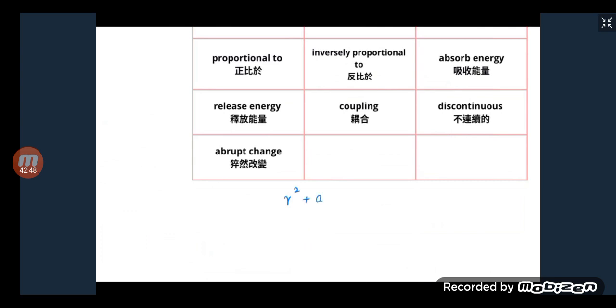Gamma squared plus a gamma plus c equal to 0. There are three types, and the first type is 2 distinct real roots, 就是2个相异实根, real distinct roots, and the type 2 is what?